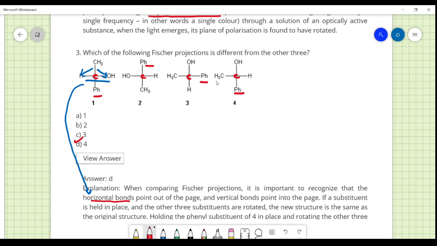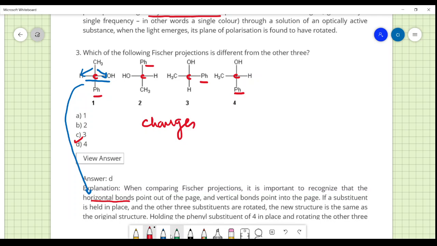Why? Can you see that? All have got Ph, H, OH, CH3; Ph, H, OH, CH3; Ph, H, OH, CH3; Ph, H, OH, CH3. That is about the rotations, the changes which you have to make.